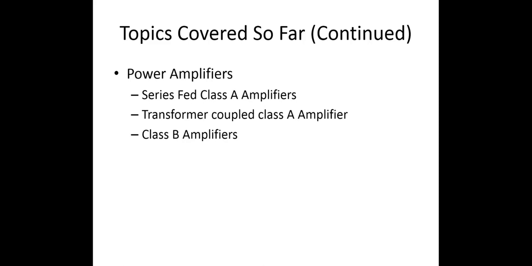After that we moved on to the power amplifiers, which is chapter 12 of your textbook. We started with series fed class A amplifiers, and before that we discussed the basic difference between power amplifier circuits and ordinary small signal amplifier circuits. After the series fed class A amplifier we discussed the transformer coupled class A amplifier and then class B amplifiers.